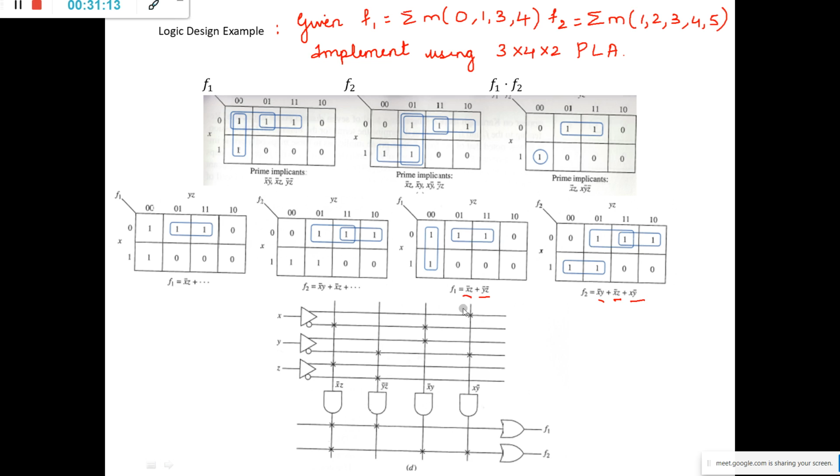Now here the question asked was that you have to realize 3 cross 4 cross 2, isn't it? 3 is the number of input lines.